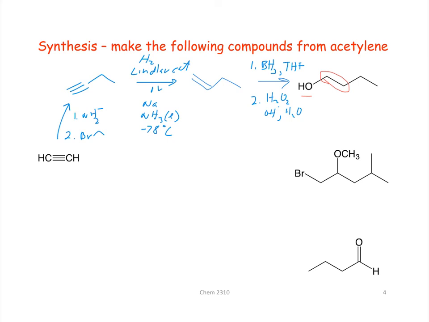Alright, so let's look at this next one. Of course, the alkyne will have to be here, right? So look at that. We're going to put two groups on at the same time. There's no pi bond left, so we're going to have to make this one from the alkene.